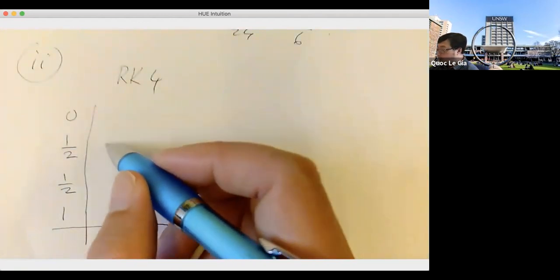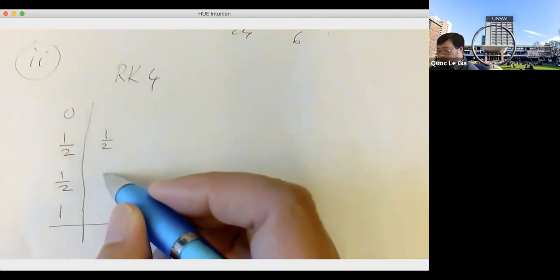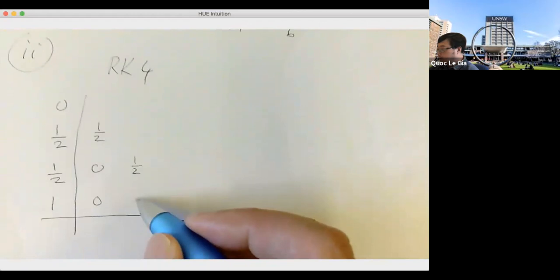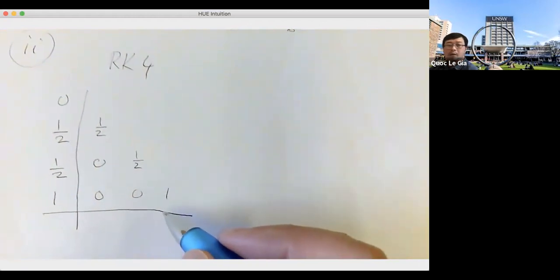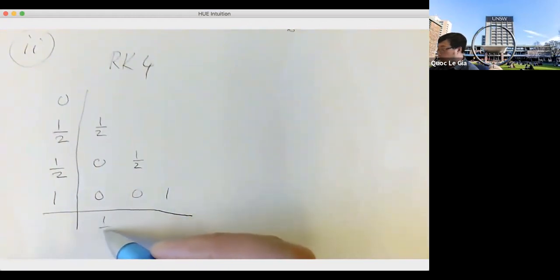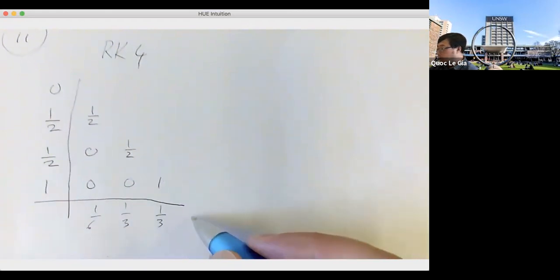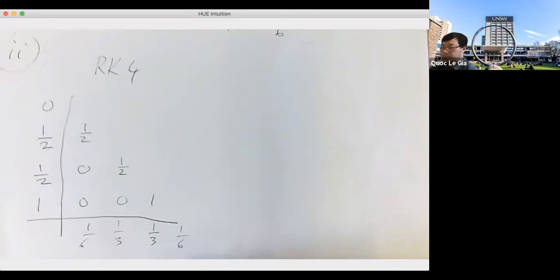So now you have to write down only the way to compute the yn plus 1. So 1 over 6, 1 over 3, 1 over 3, 1 over 6.